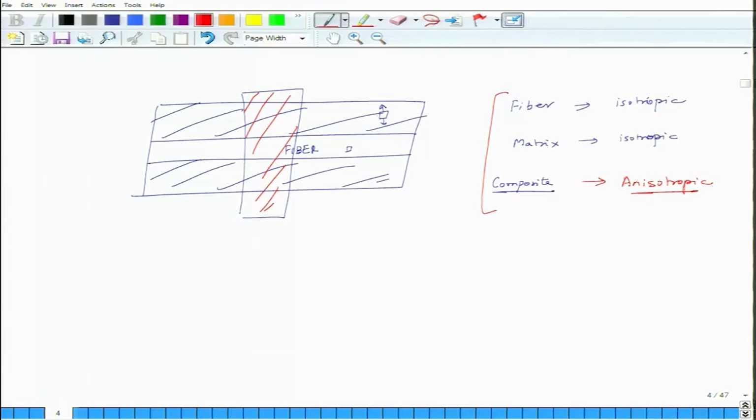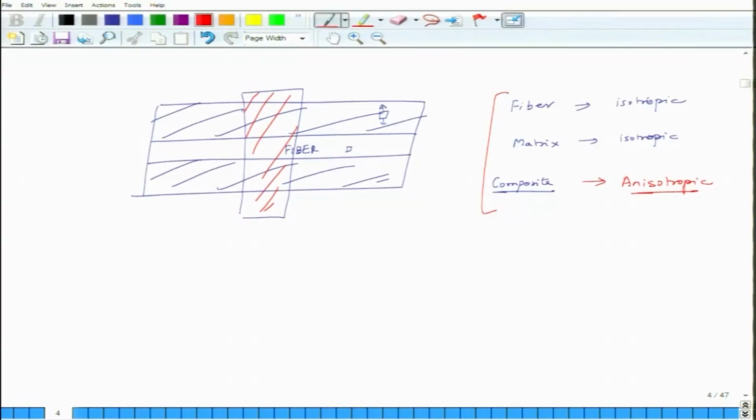So, a lot of times when people do micro mechanics, they handle only isotropic materials, because at microscopic level you model the fiber individually and matrix separately. So, because matrix may be isotropic and fiber may be isotropic, you do not worry about anisotropy.